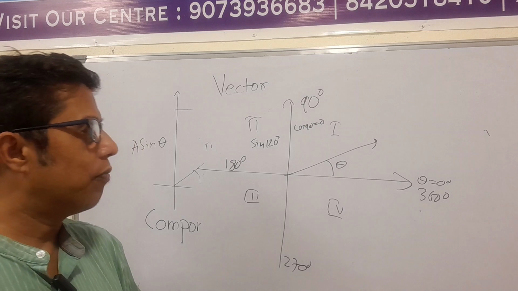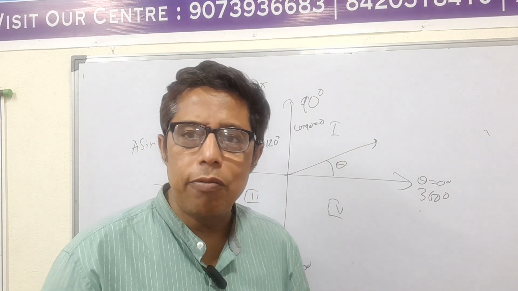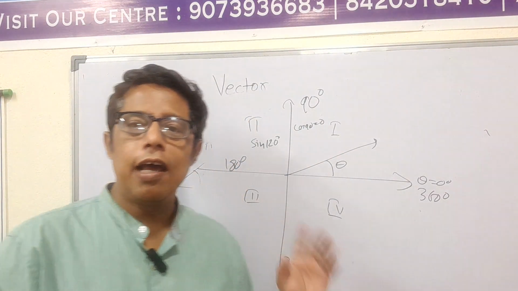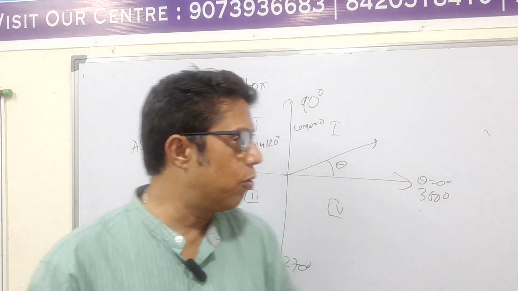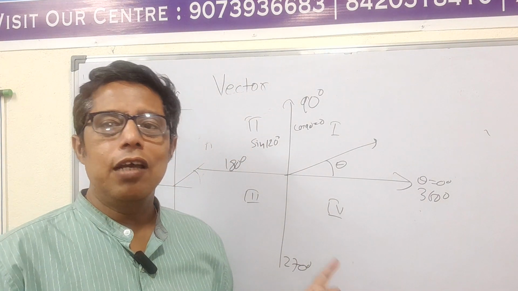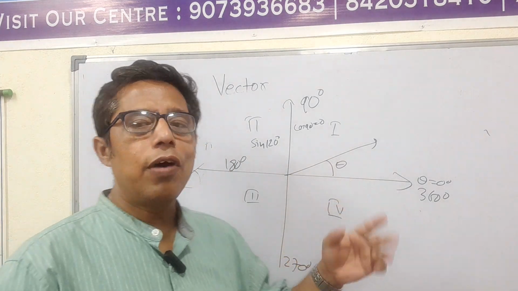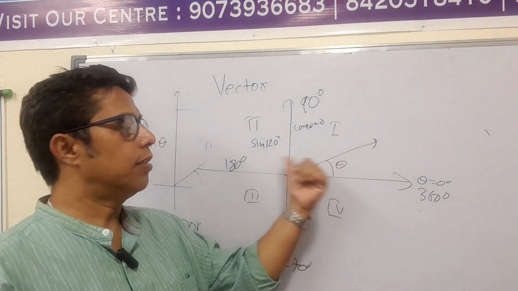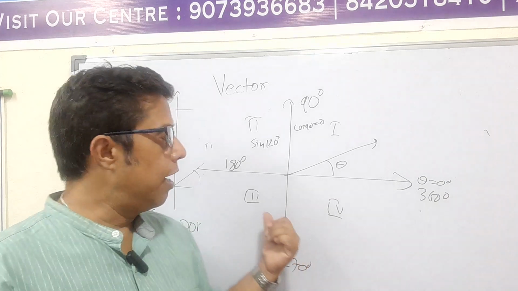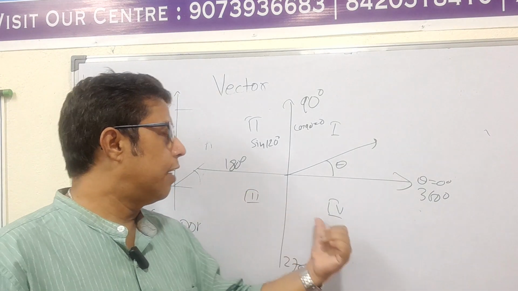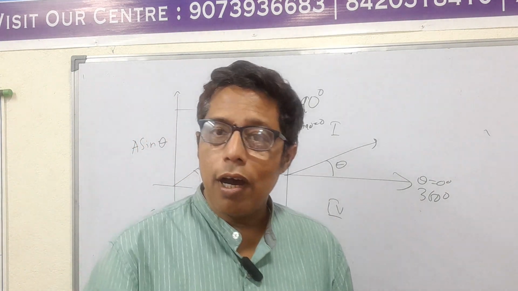This is a part of foundation learning, and it's not just for any one board, like ICSE, CBSE, or other boards. You should have this knowledge, like the angle theta and where functions like sine are positive. Sine is positive in the first and second quadrants, and negative in the third and fourth quadrants. You know why?